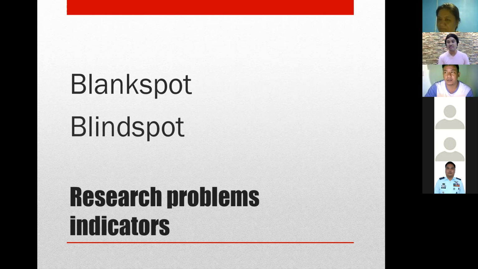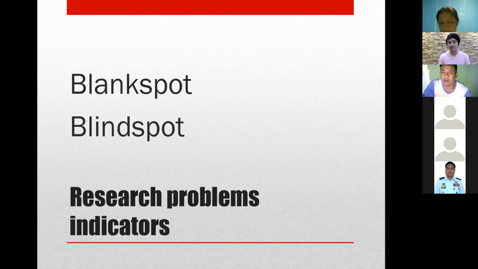So we will only be able to determine whether our paper is a quanti or a quali research design approach if we are able to read the literature and if we are able to identify a blind spot or blank spot. Kaya lang tayo, since quanti ang subject nyo sa akin, magfo-focus tayo sa blind spot. Paghahanapin ko kayo ng topic na mayroong maraming literature.